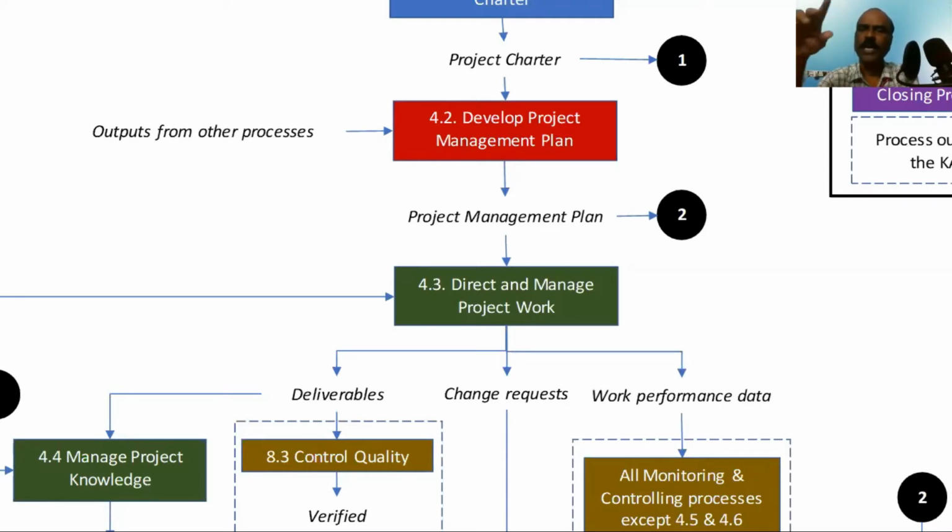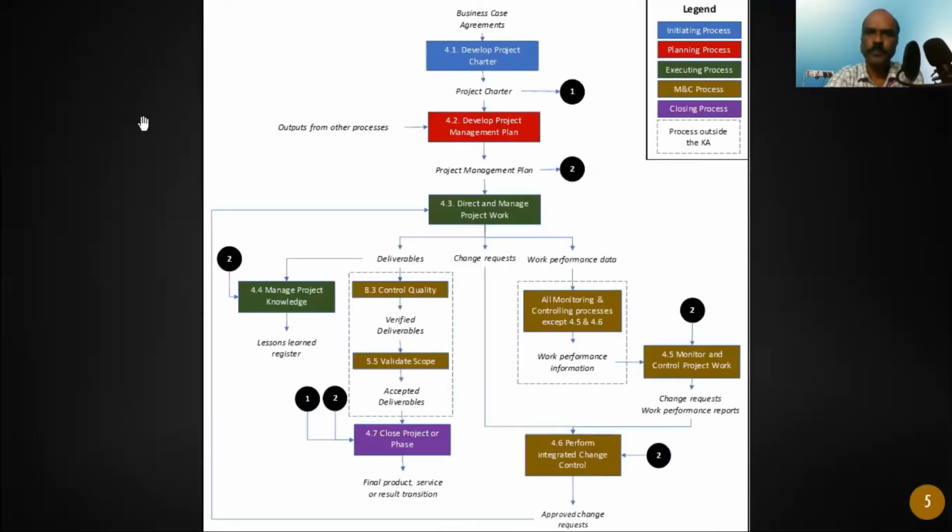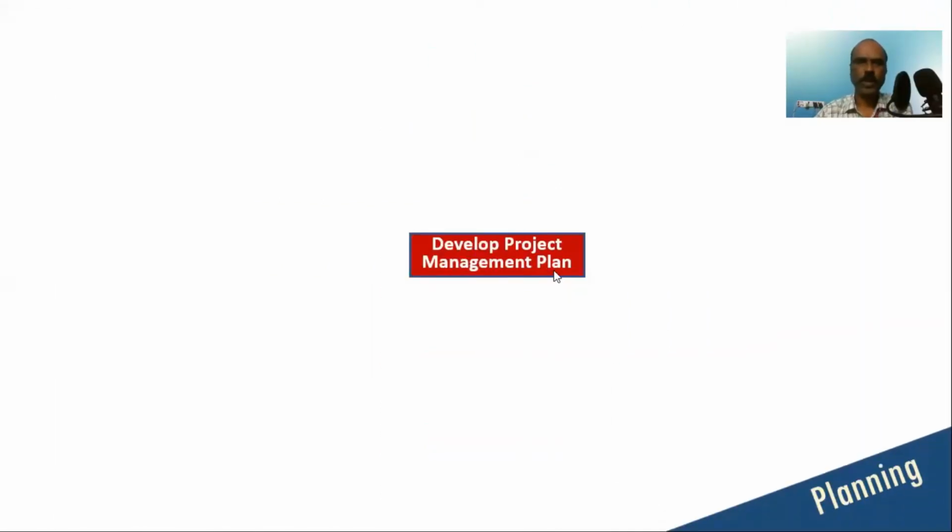So this is what I have explained to you in detail yesterday when I showed how the 24 processes are connecting to the project management plan. So here you replace this one sentence with the entire flow chart I showed you. Okay, in case if you are still confused what I'm talking about, I will show you that. Okay, so this is what I'm talking about.